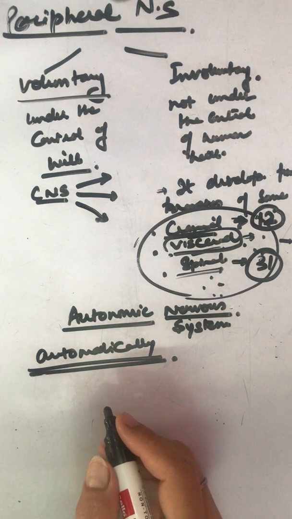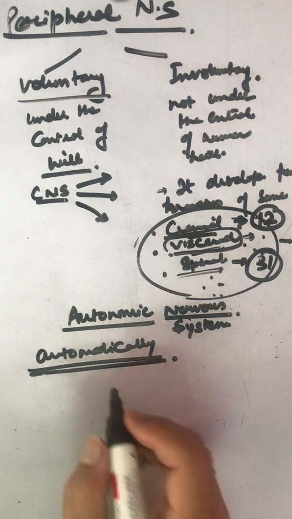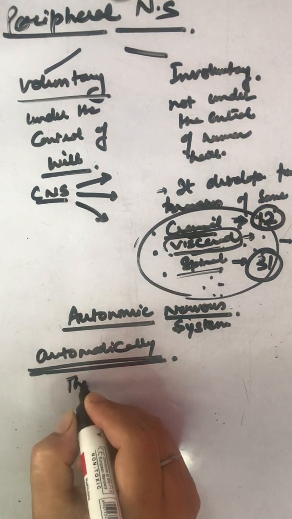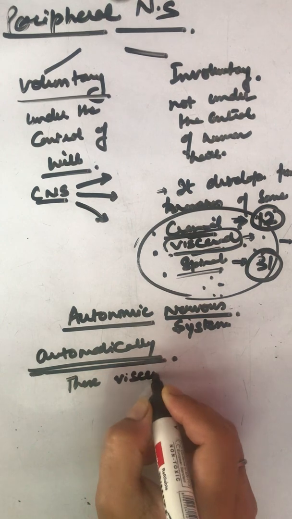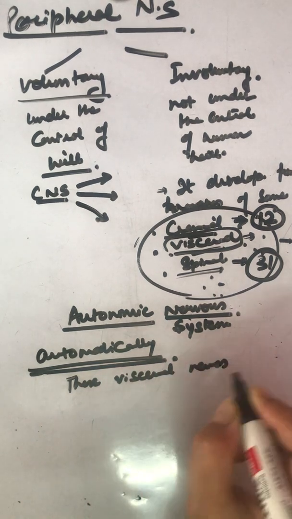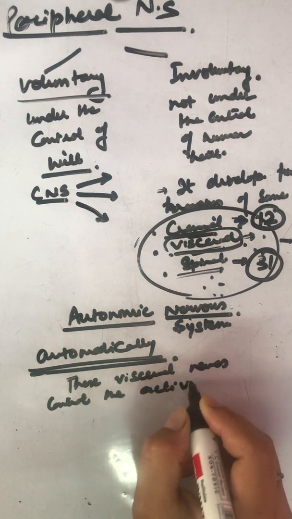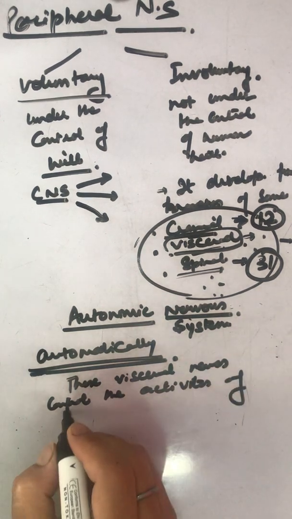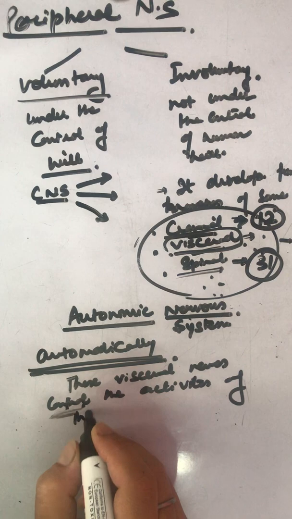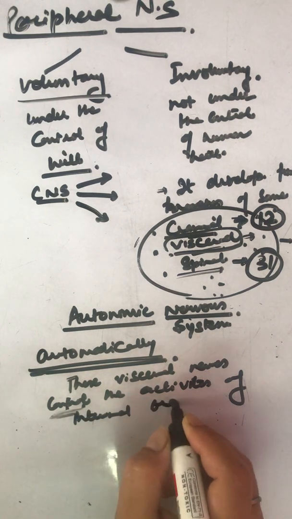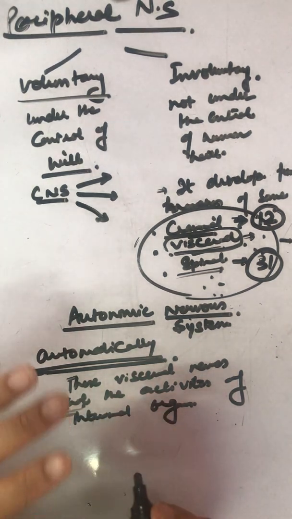These visceral nerves control the activities of internal organs. And these always work in a pair.